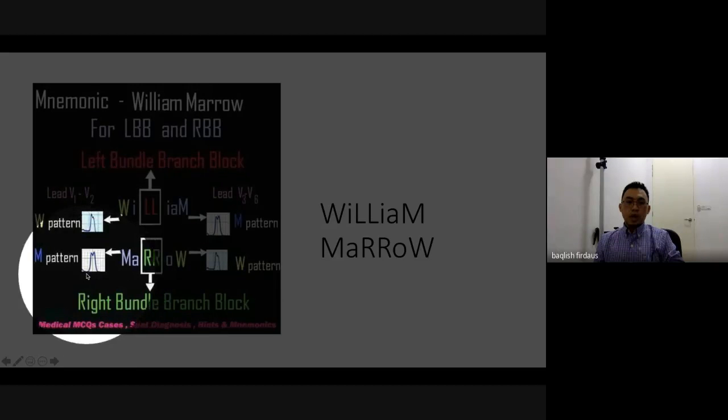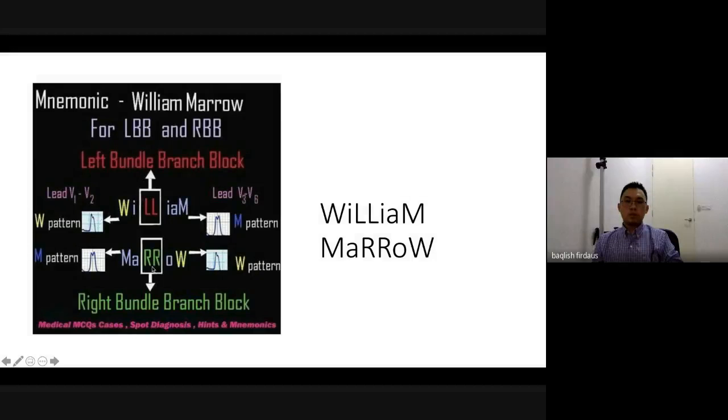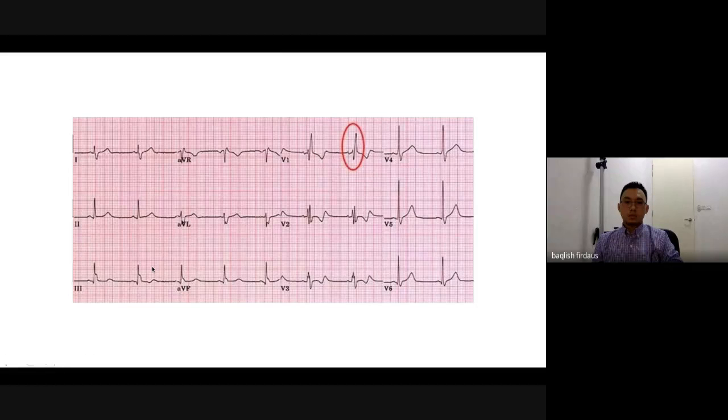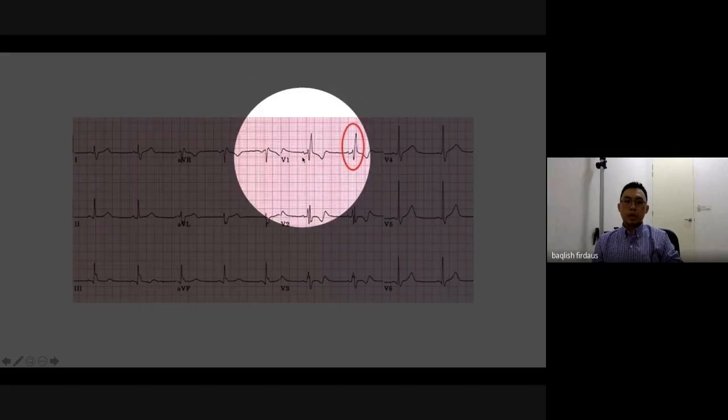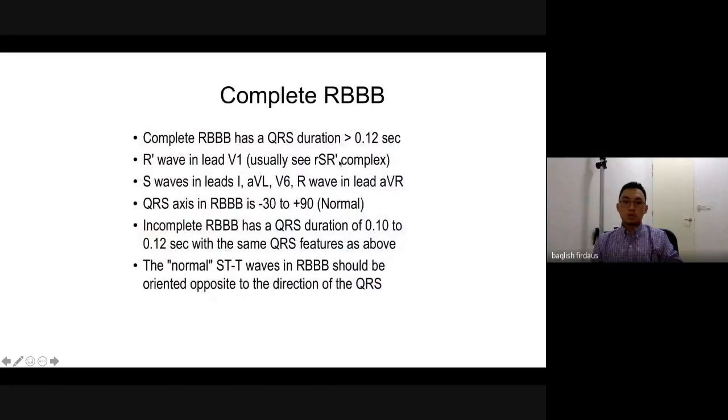If you see an M pattern in lead V1, you will remember right bundle branch block.